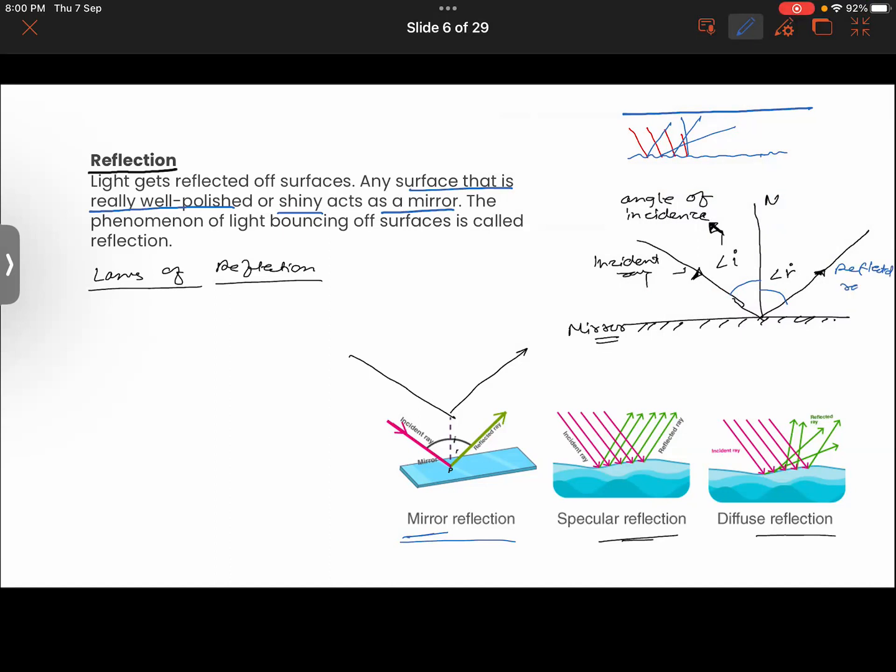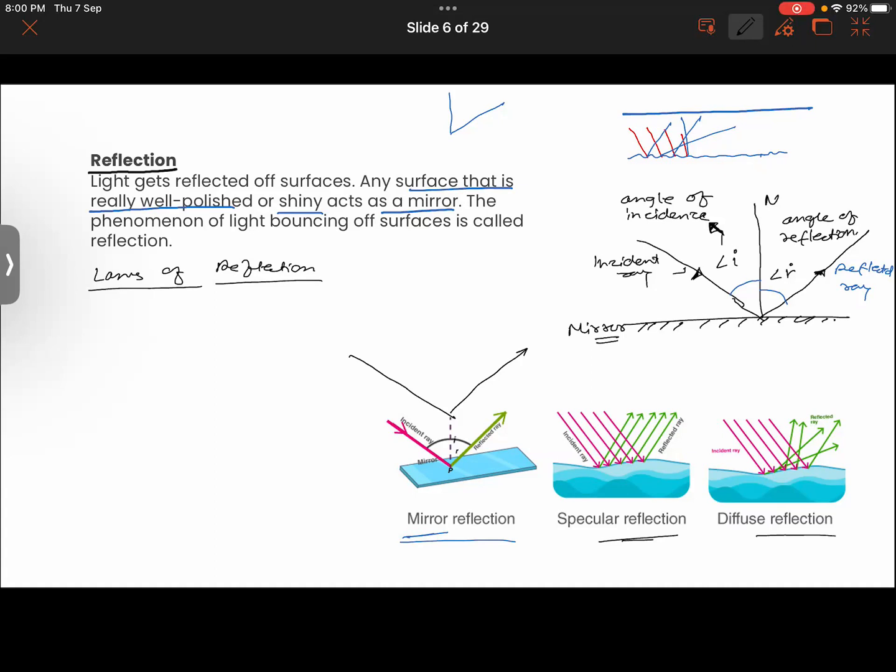Okay, it will not form at the normal only. You need at least two lines to form an angle. So this is your angle of reflection here. Got it now? Good.